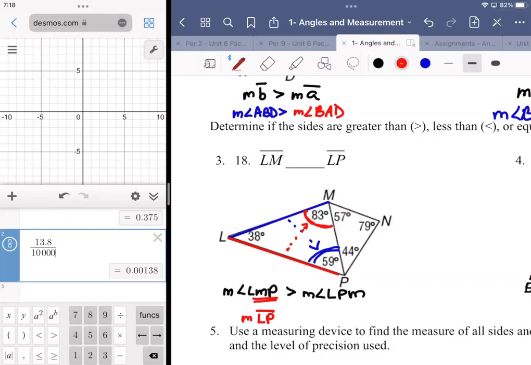And then LPM, that's the blue, that corresponded to this side over here, which we could call LM. All right. Since the red angle is bigger than the blue angle, the red side has to be bigger than the blue side. All right. But again, it's another matter of perspective. I say LP is bigger than LM. That's the same as saying LM is smaller than LP.